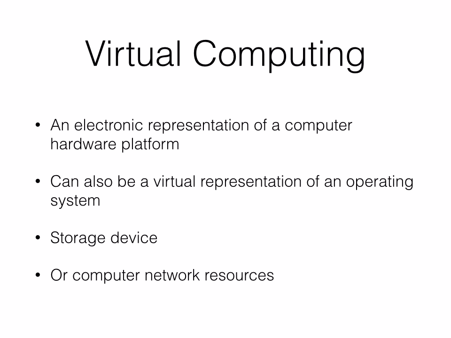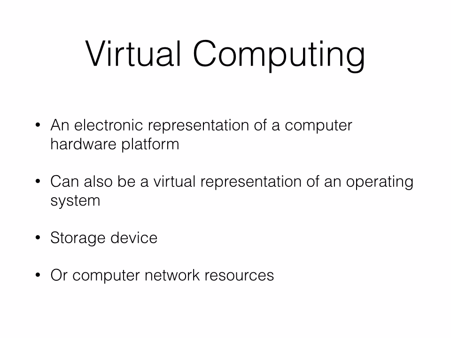So virtual computing is simply an electronic representation of a computer hardware platform. A virtual machine takes an operating system and allows you to boot up that operating system and run applications on it. It can also be a virtual representation of the operating system itself. So there can be embedded virtualization, for example. It can be a storage device or it can be other computer network resources.